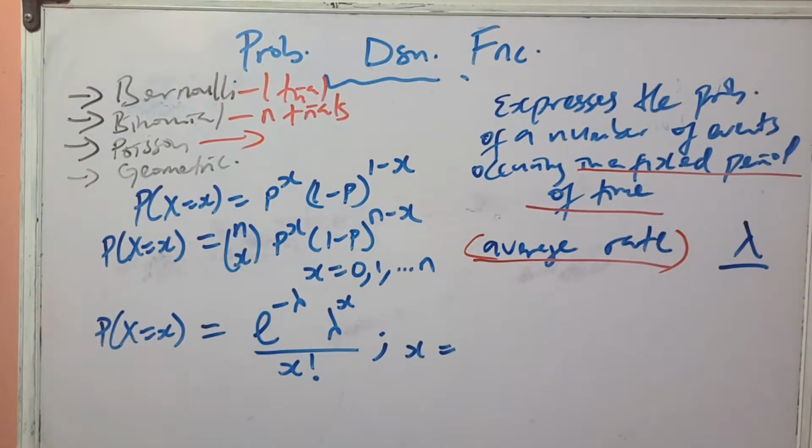You'll be able to recognize the lambda once you pay attention to whatever the question says about the average rate. If they say something occurs so many times per second, then you obviously know that's the average rate already given.